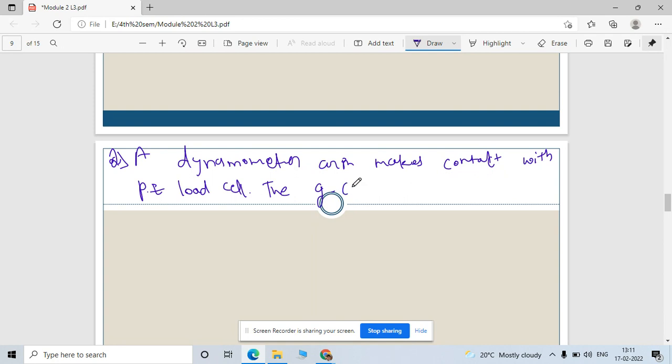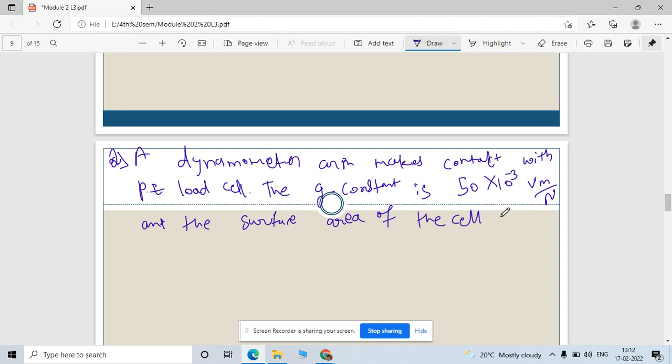The g constant is 550 into 10 to the power of minus 3 volt meter per Newton, and the surface area of the cell is 4 centimeter square.